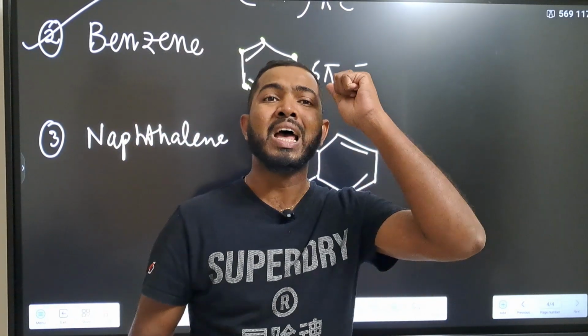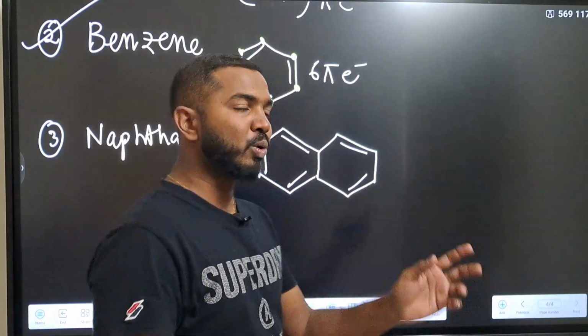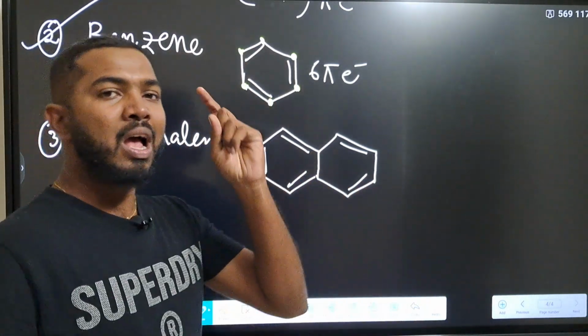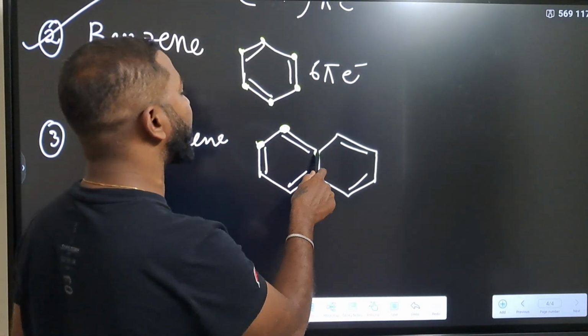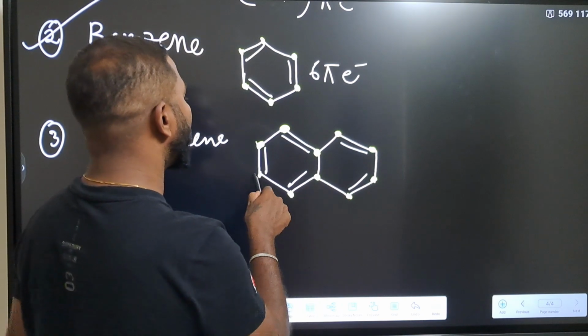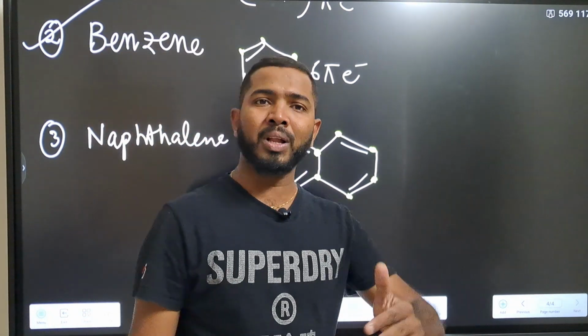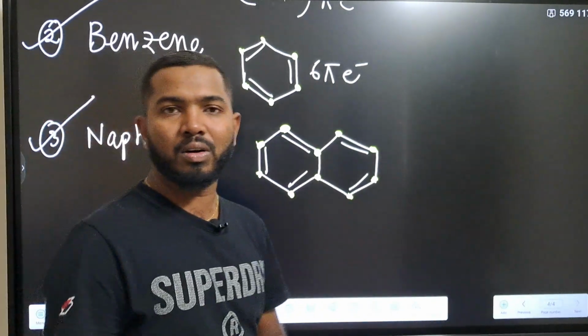If you substitute 2 in place of n, 4 into 2 plus 2, that is 10 pi electrons we are going to get, which means that naphthalene follows Huckel's rule. All the central atoms are also undergoing sp2 hybridization, planarity is also possible, and conjugation is also there. So this is also our option.